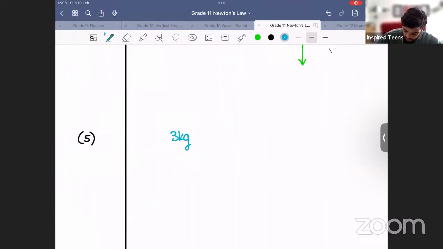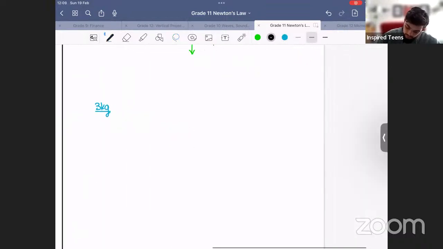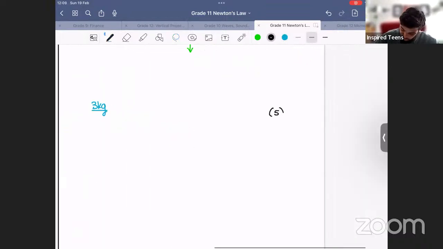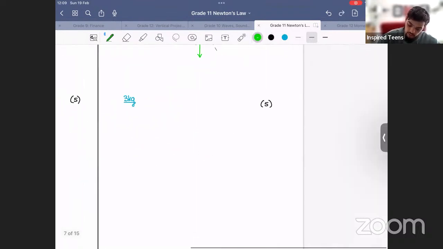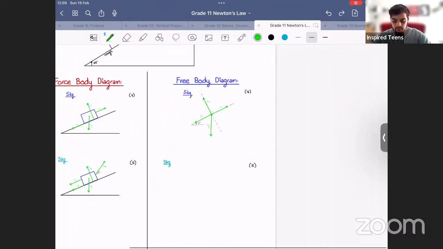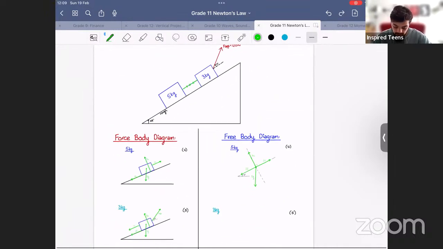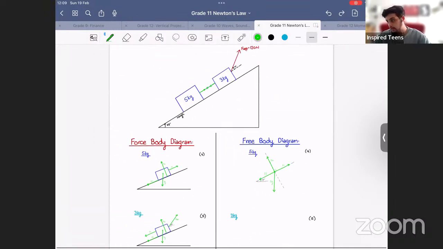3 kg object, free body diagram. Okay, 5 marks as well. Force body diagram, done, all the forces. If you guys haven't, I want to give you a chance to try this. I'm going to give you 2 minutes to do it yourself if you have paper, or mentally, but try and get paper, and then I'll do the correct one, and then we can mark it.